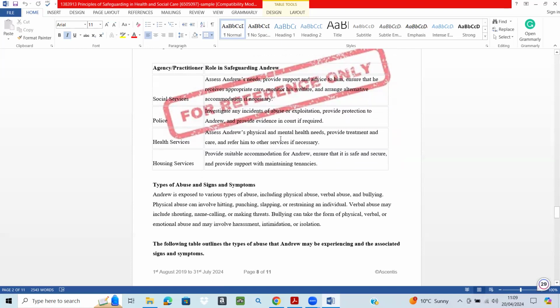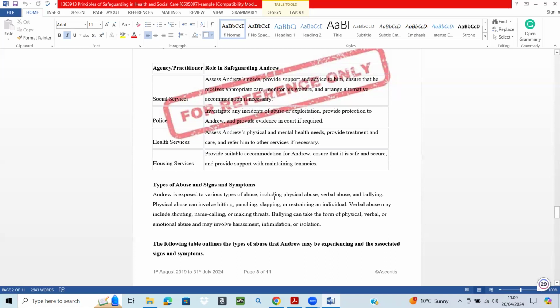Here we have a table and we have written some of the services, like social services, police, health services, housing services, and what they do. We also discussed the types of abuse and signs and symptoms.